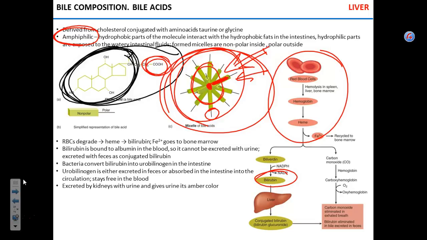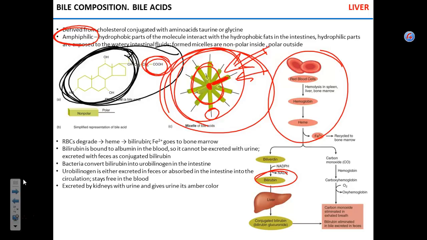It turns out bilirubin binds to albumin. And since it's bound to the protein, the kidneys cannot filter it. They don't let protein pass into the urine, normally. Healthy kidneys do not let albumin pass through.